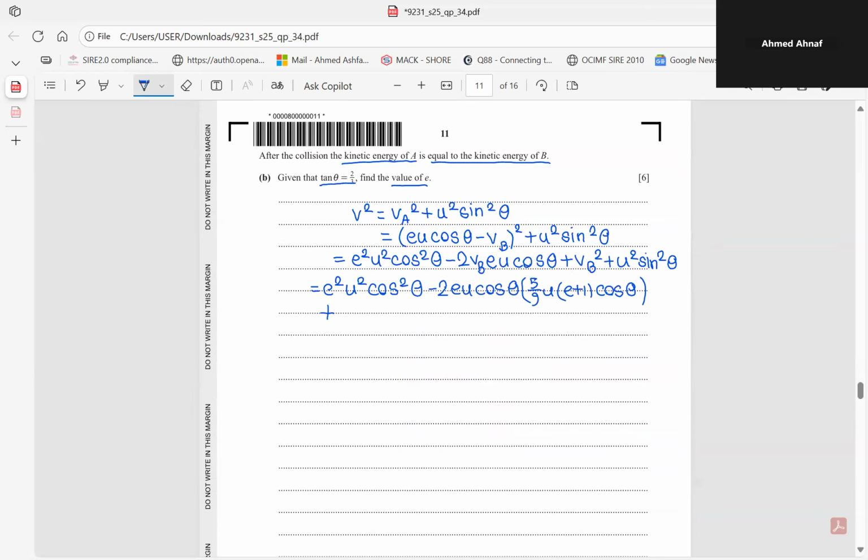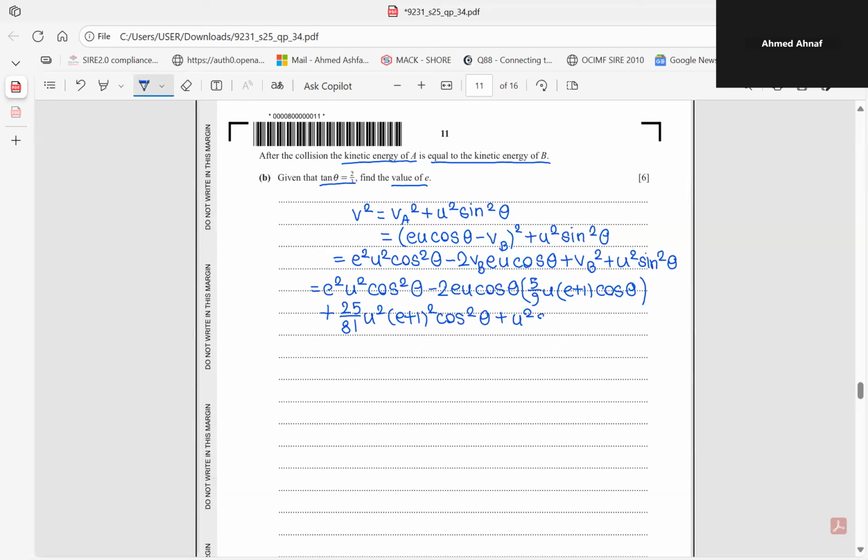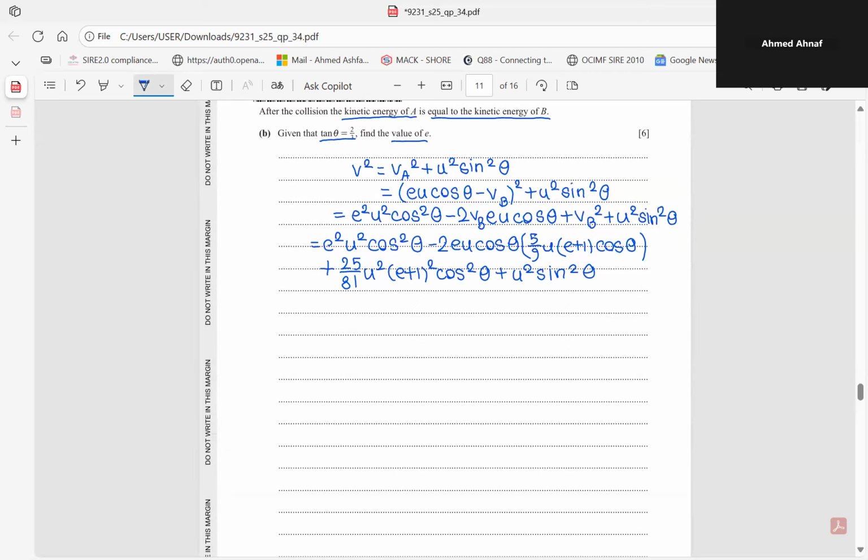So that is 25 over 81 u squared (e plus 1) squared cosine squared theta, plus u squared sine squared theta. That's a lot of algebraic simplification, so we have to do everything.